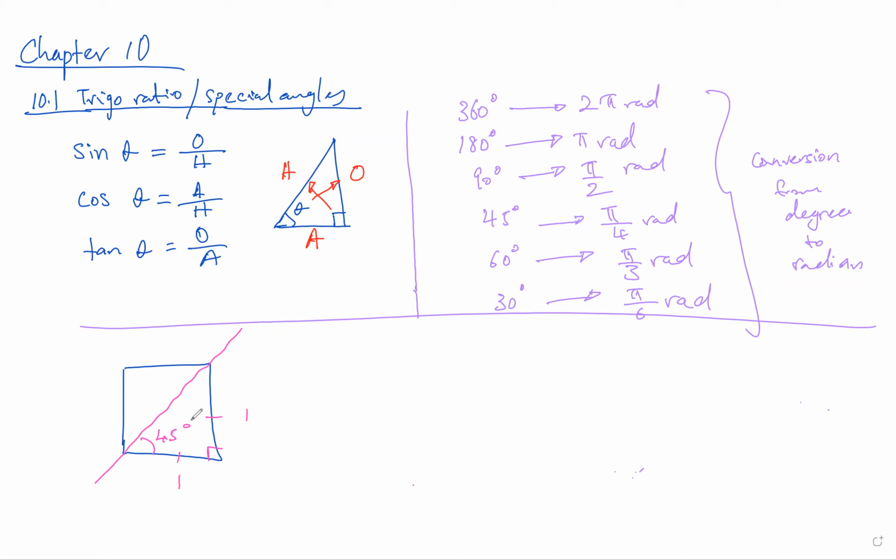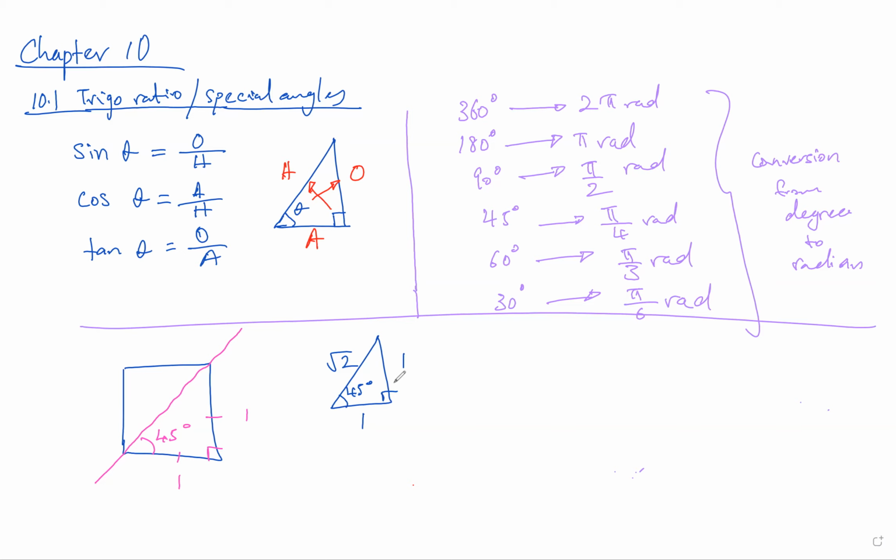So that will give way to this triangle here: 1, 1, and this one becomes square root 2, according to Pythagoras theorem, 1 plus 1 whole thing square root.